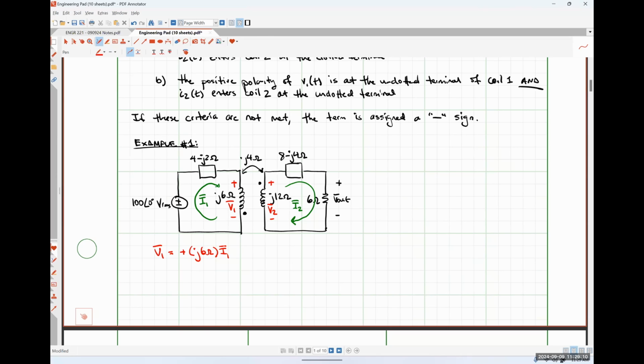So what should the sign of our mutual term be? Positive. Its value will be our current I2 times our mutual inductance impedance of j4 ohms.